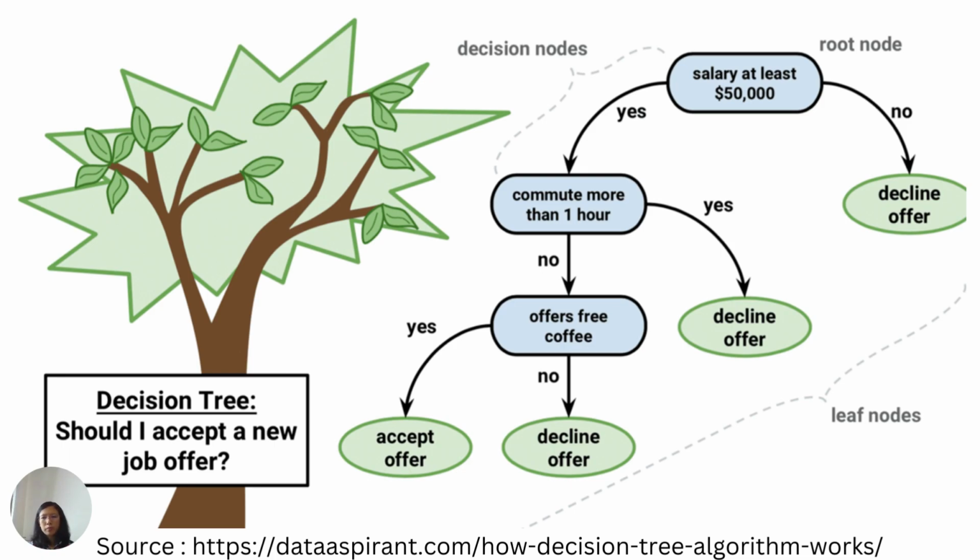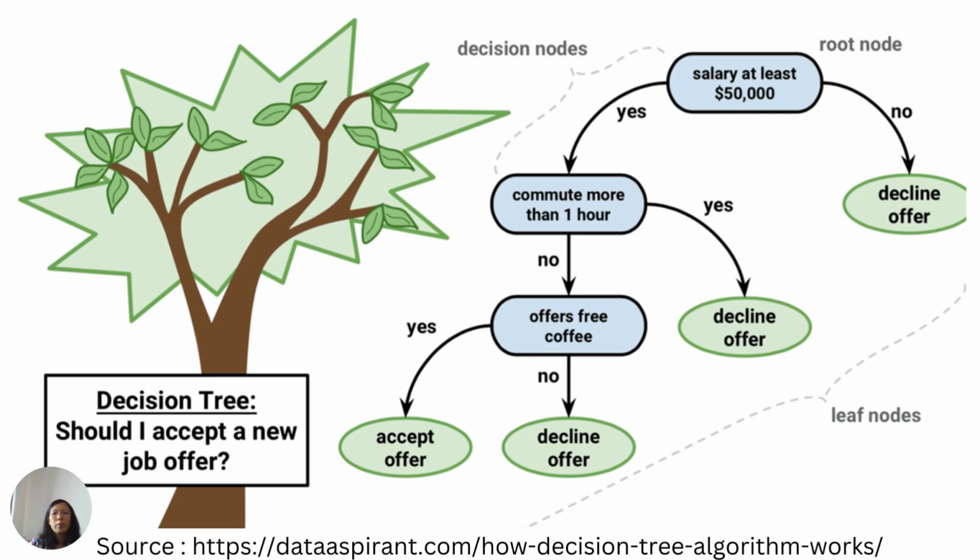For this case, I have three criteria to be considered: the salary, the commute time between the office and home, and the office welfare. These are the three important criteria I have to make a decision whether I should accept the job or not.